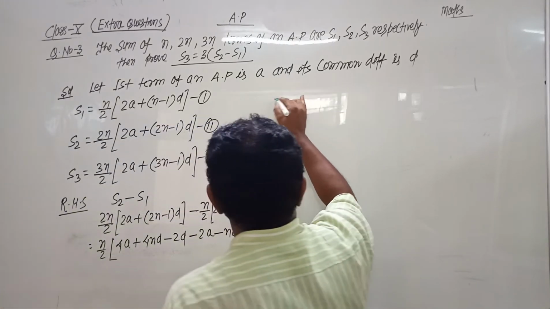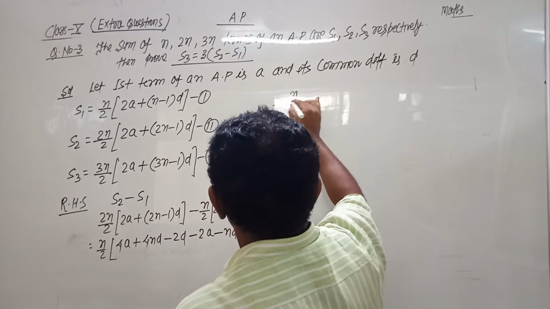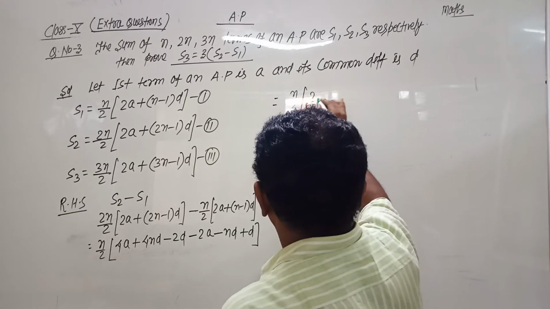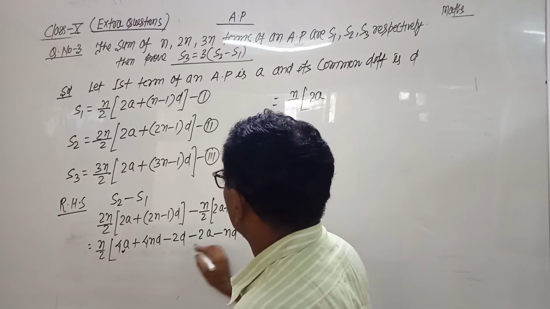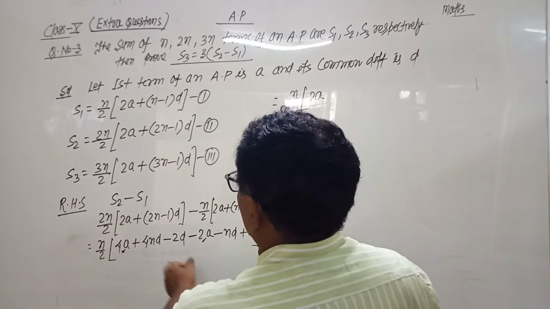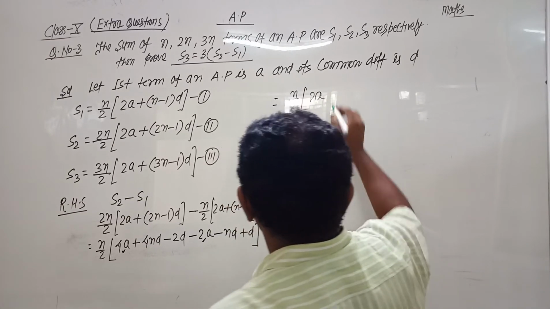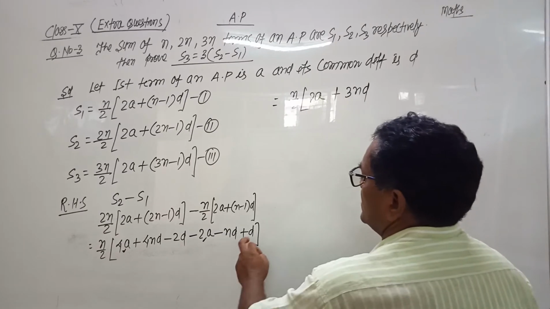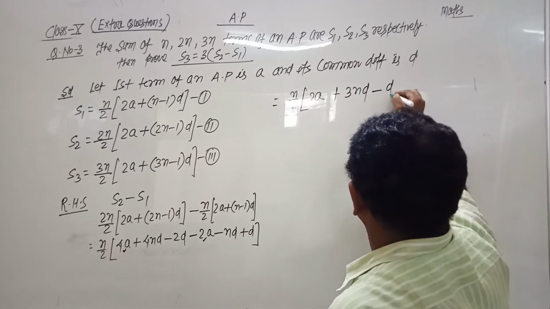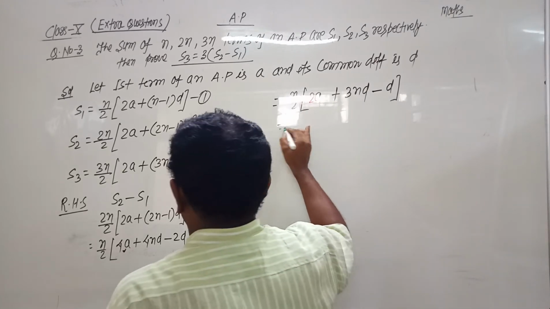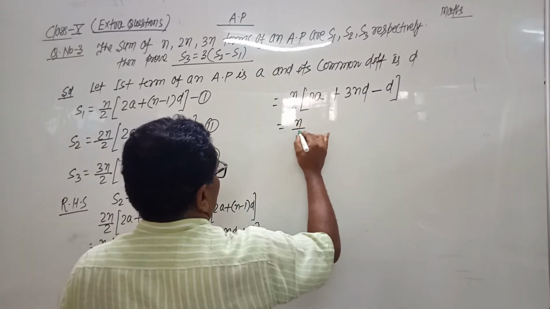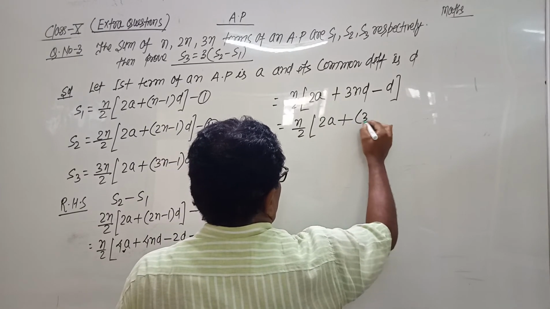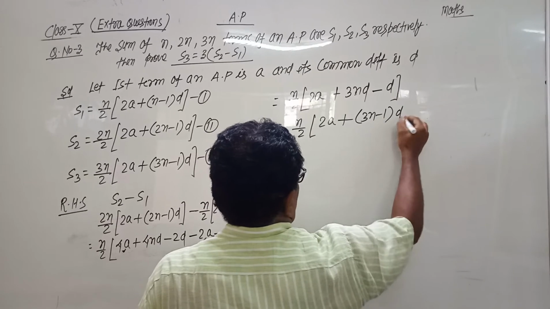So we get n by 2, 4a minus 2a, this is 2a, and 4nb minus nb, that is 3nb, and minus 2b plus b. So it comes n by 2, 2a plus, from these two terms b is common, so 3n minus 1.